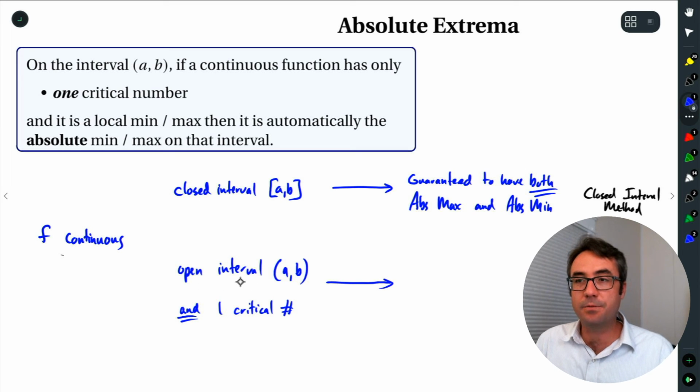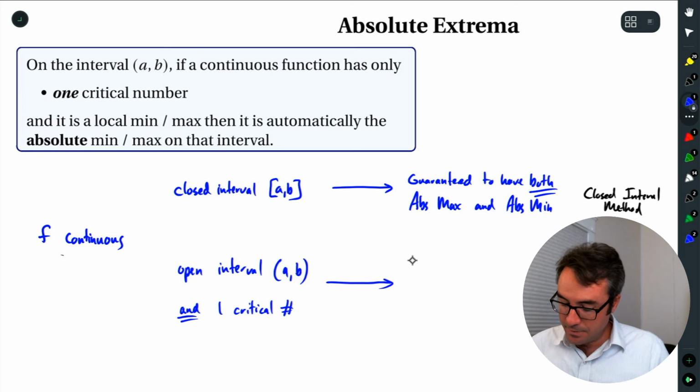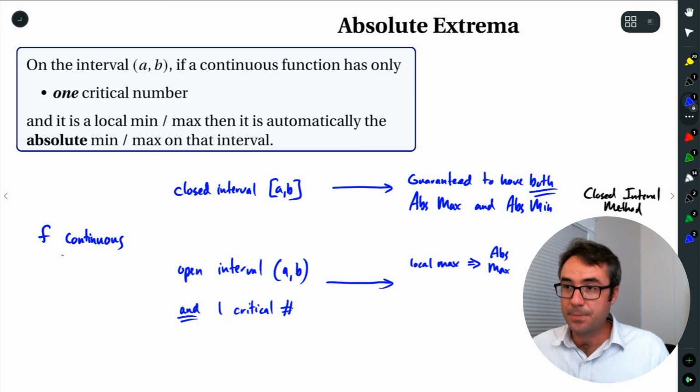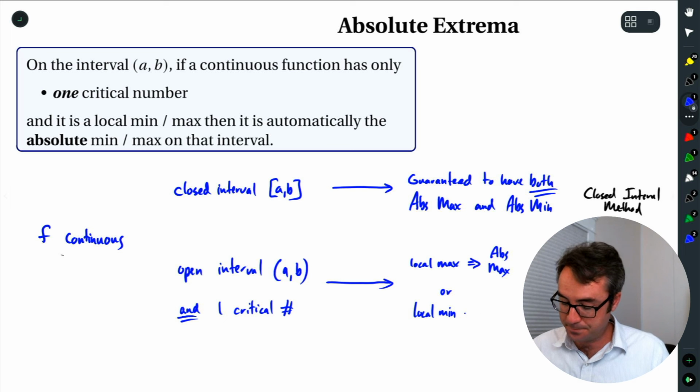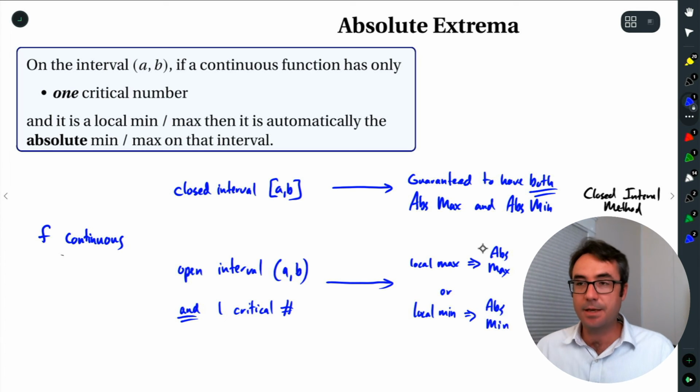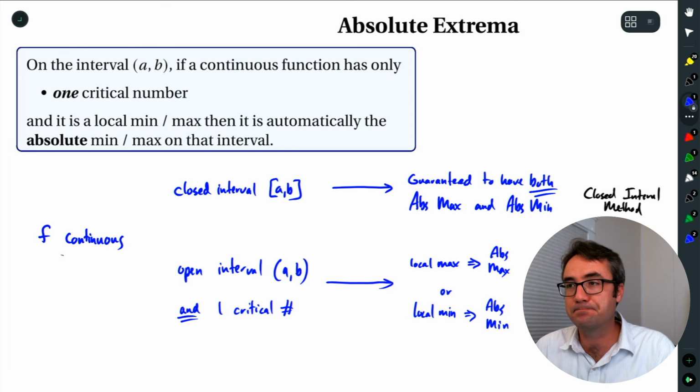So if we have an open interval and one critical number on that open interval, then a local max implies not only is it the local max, it's the absolute max. And if it were a local min, well then not only is it the local min, it's the absolute min. So we get a little bit more information here if we only have one critical number.